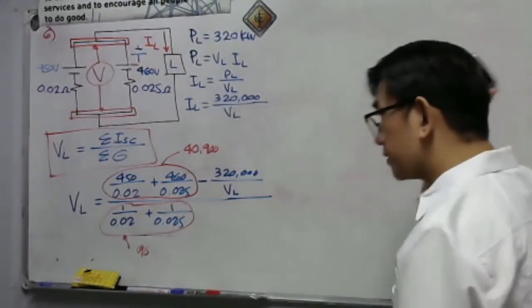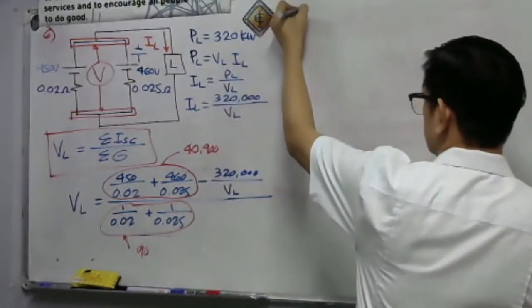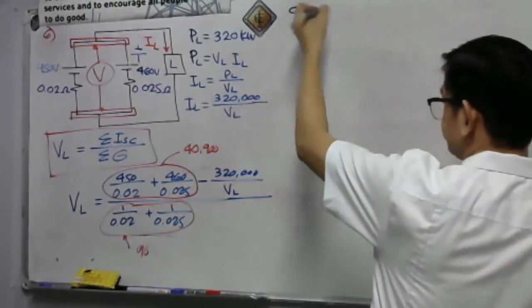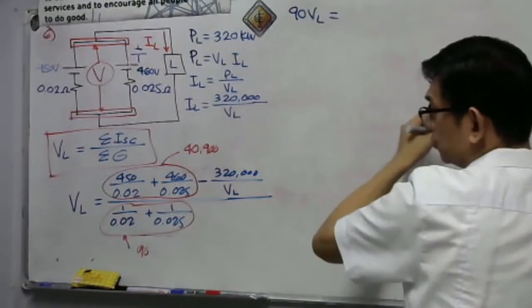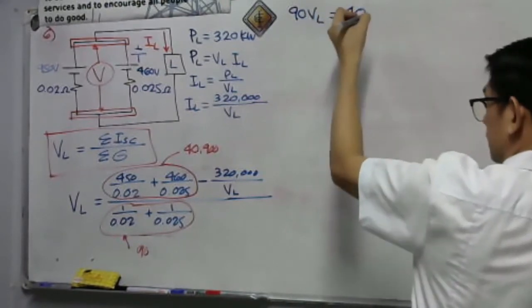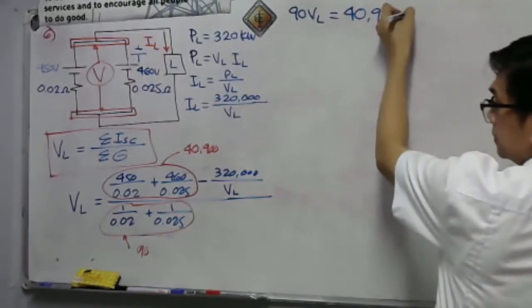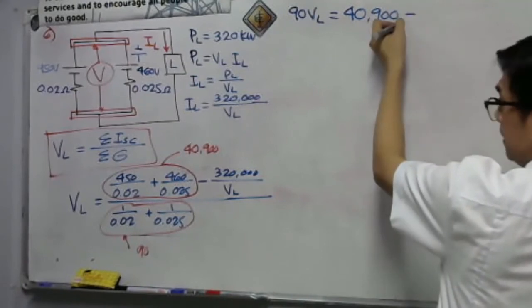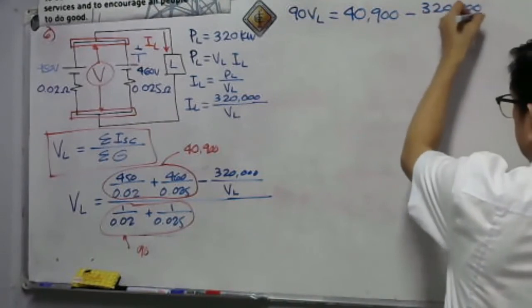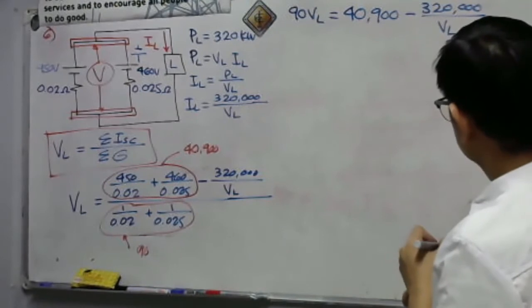So let us just cross multiply. VL will be equal to 40,900, minus 20,000 VL.